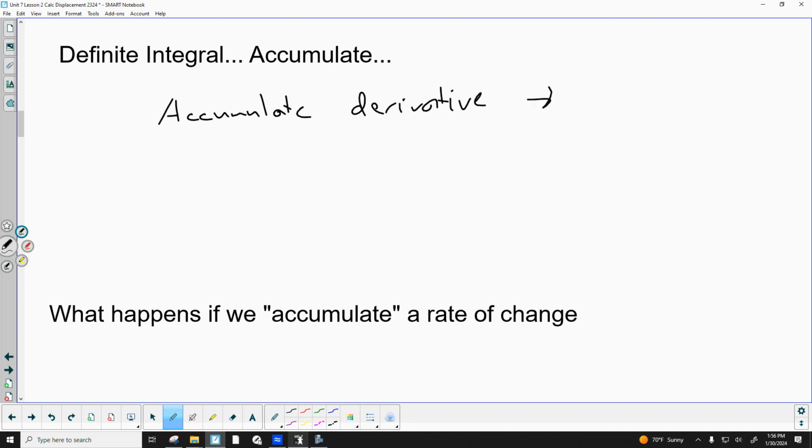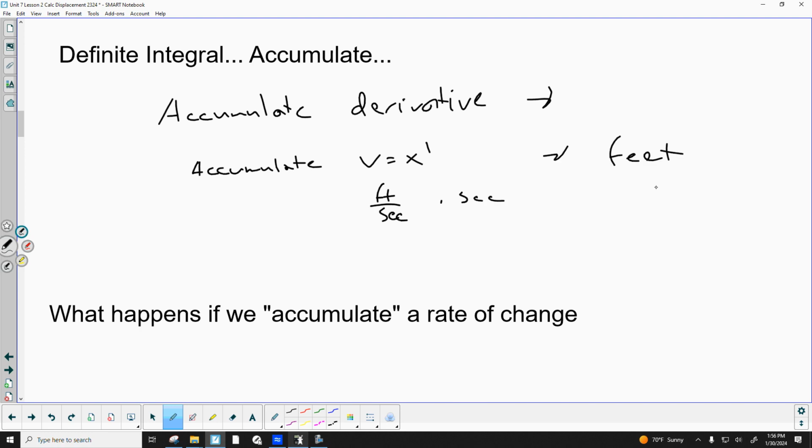Well, if you accumulate velocity, which is the same as a position derivative, you are accumulating feet per second or miles per hour over an interval, you get feet.